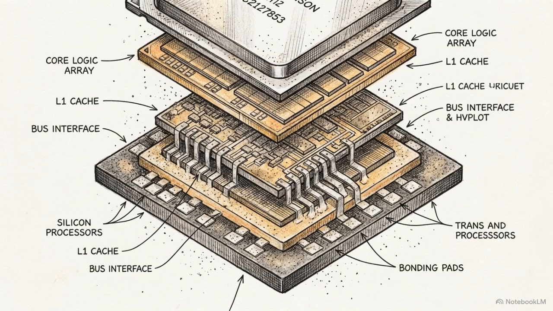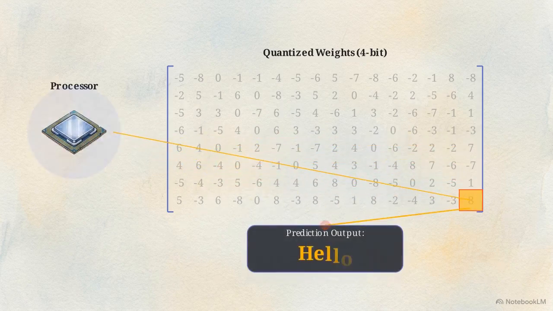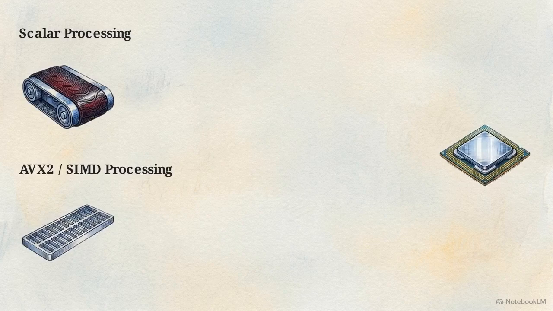Once the memory is clear, the next hurdle is getting a dual-core laptop processor from 2017 to actually generate words at a readable speed. AI inference at its lowest level is essentially a massive, continuous sequence of matrix multiplications to predict the next word. Look at this diagram comparing two types of processing. Standard scalar processing handles one number at a time.